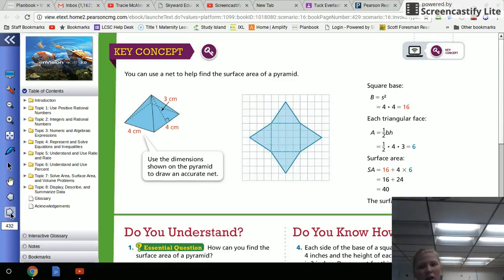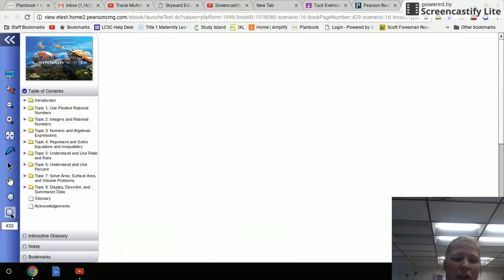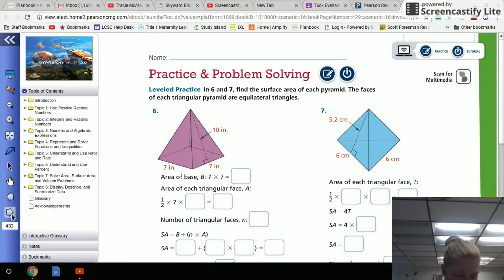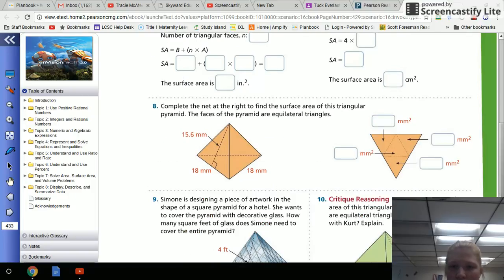Okay, I'm moving on to the guided practice here. I'm going to give you a chance to practice. I want you to look at questions 8 and 9, 8 and 9 only. You're going to complete the net at the right to find the surface area of the triangular pyramid.